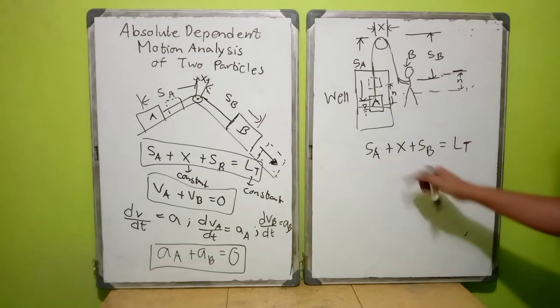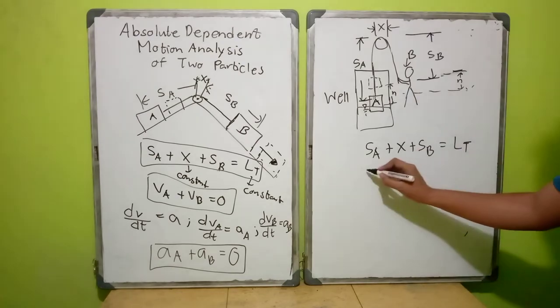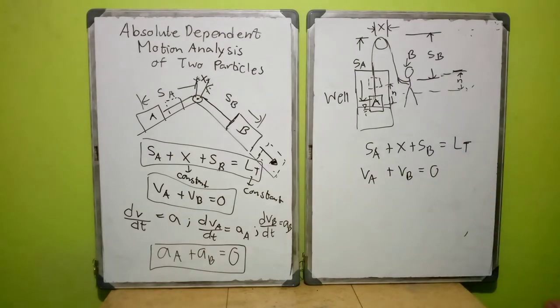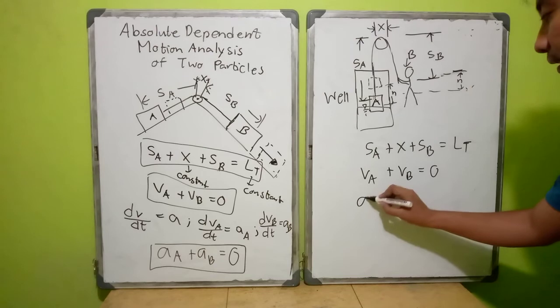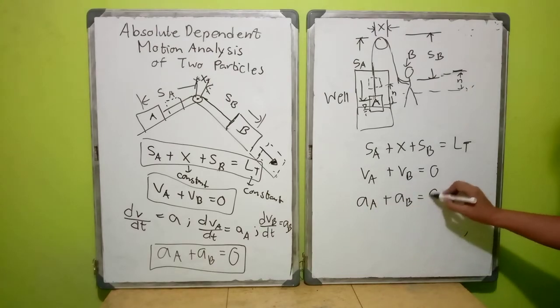So when you differentiate it, since X is constant and L sub T is constant, you will get V sub A plus V sub B is equal to 0. And then we have acceleration A plus acceleration B is equal to 0 also.